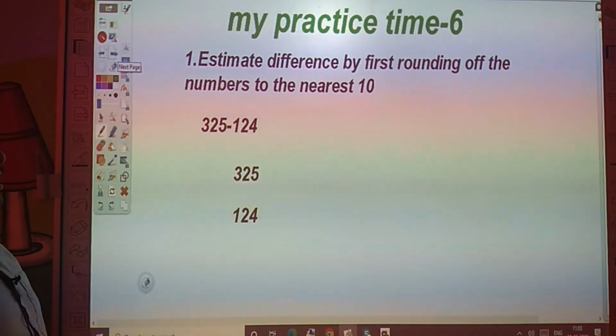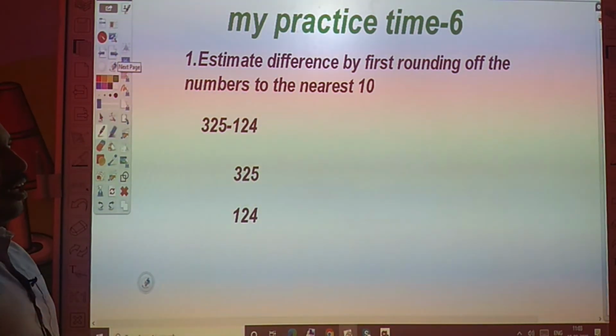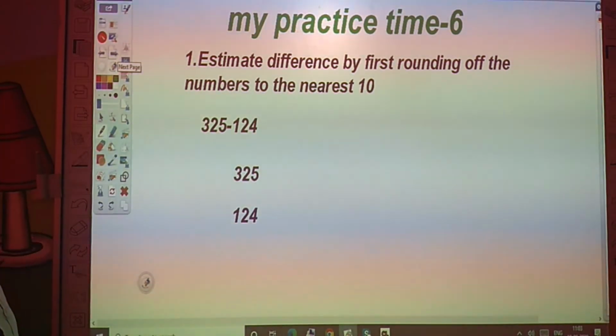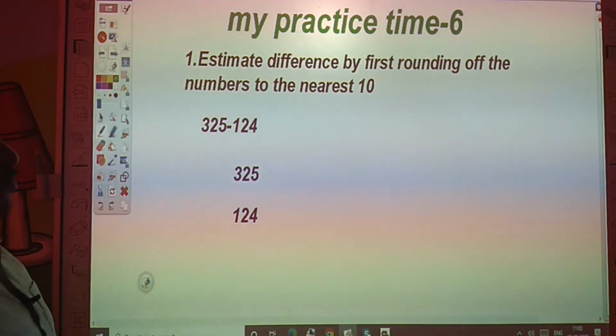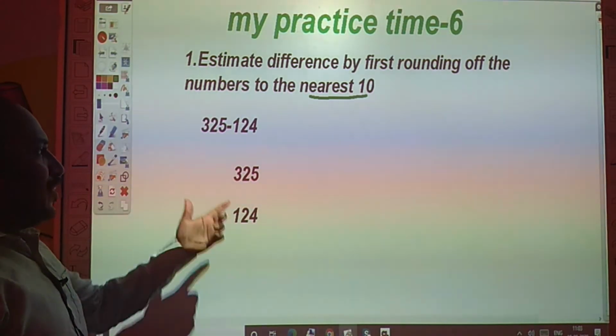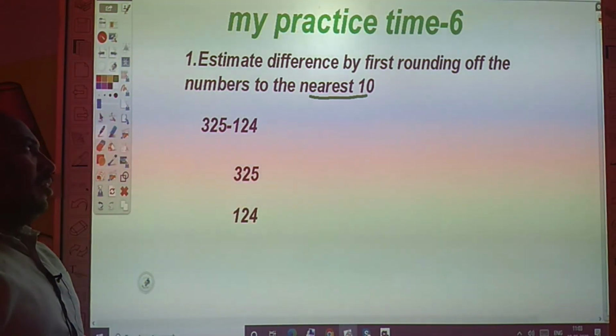Practice time 6. Estimate the difference by first rounding the numbers to the nearest 10. The given numbers are 325 and 124.